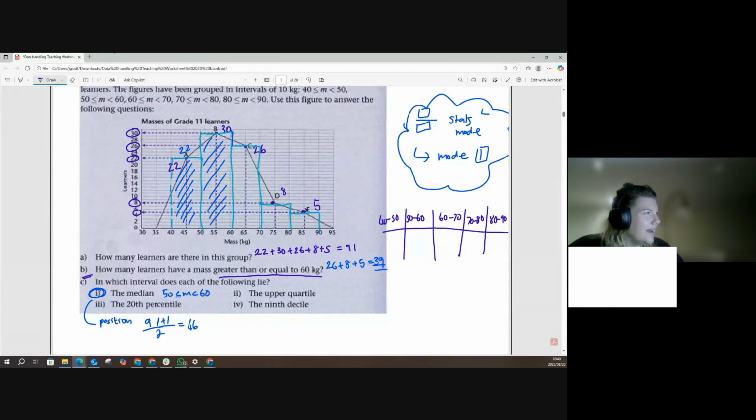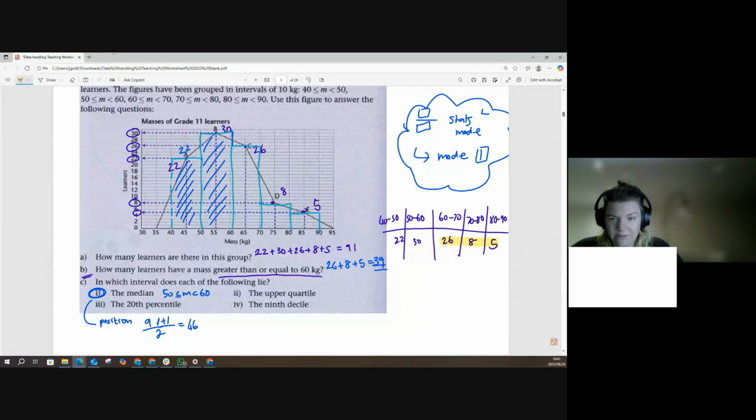And we've got 22, 30, 26, 8, 5. The question was, how many learners have a mass greater than or equal to 60? So it's all of these three, because they have a mass of 60 or more. We're just adding the 26, the 8, and the 5. If you find it easier to work from a table, just draw yourself a little table. There's no judgment here.